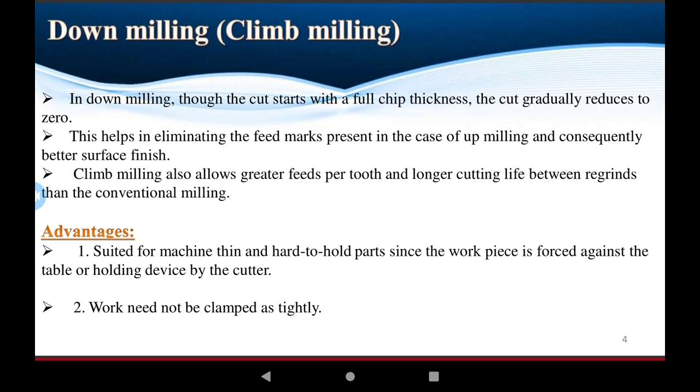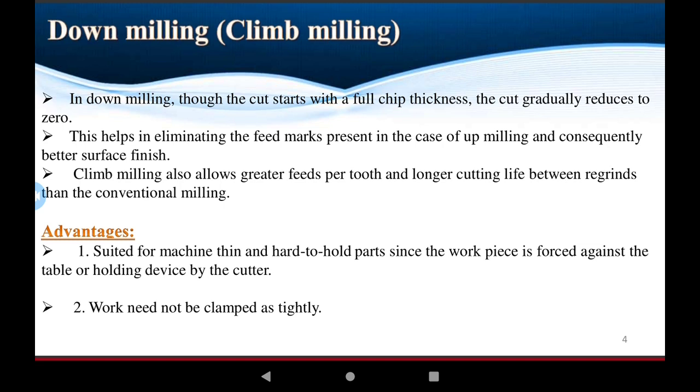The work needs to be clamped slightly, and the milling operation cannot be performed without the use of holding devices. Milling force is required for milling operations, and the milling force generates vibration of the workpiece.